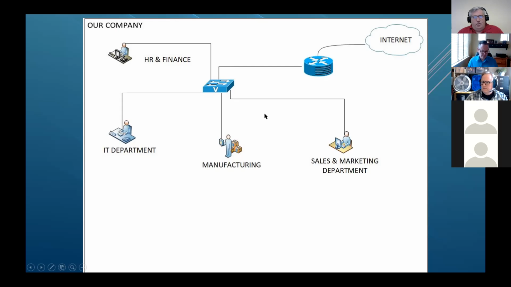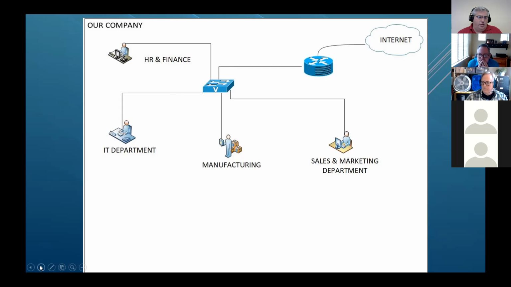So we want to separate these into different IP address ranges so that we can provide security ACLs on this router to prevent people from talking to one another, or only allowing who can talk to what.